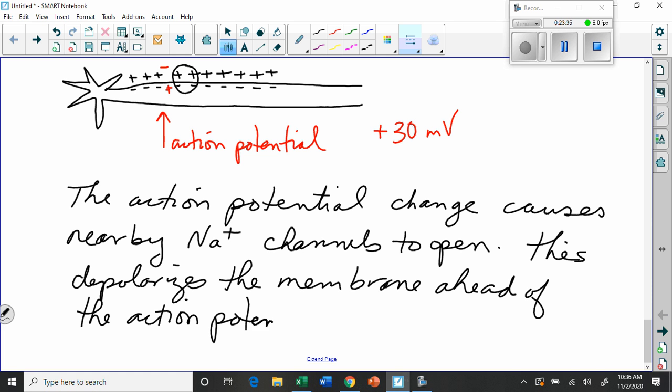So now it's the same process, sodium channels opening, but it's sort of spurred on by the rapid voltage change in behind it, the red action potential. And that means that the very next part of the membrane is going to also flip and reverse.